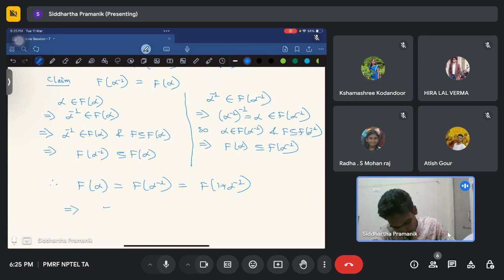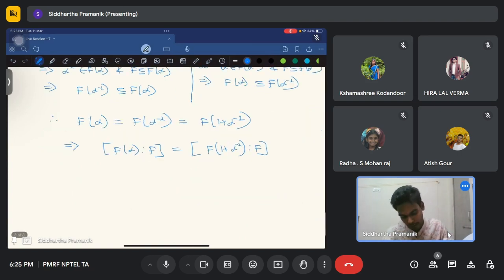And from this we conclude that the degree of F(alpha) over F is the same as the degree of F(1 plus alpha inverse) over F. This is the degree of alpha over F, and this is the degree of 1 plus alpha inverse over F. So this is what we wanted to prove.